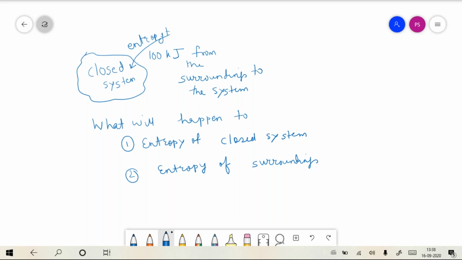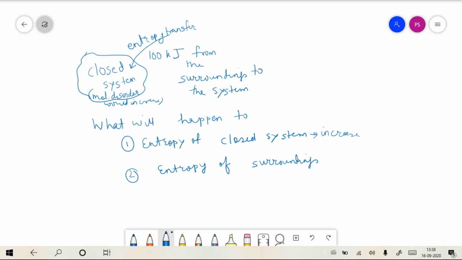From the molecular, microscopic aspect, when there is a heat flow into the system, the molecular disorder would increase. Because of the heat flow, the molecular disorder would increase, and hence the entropy of the closed system would increase.